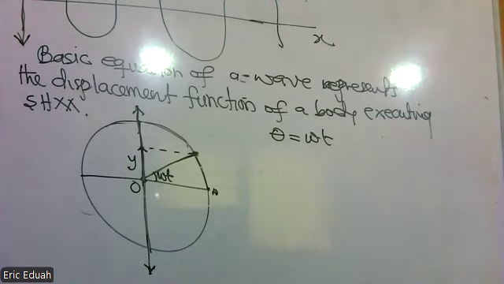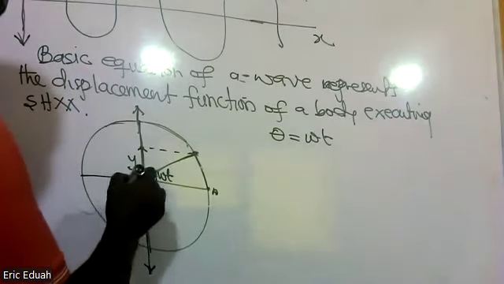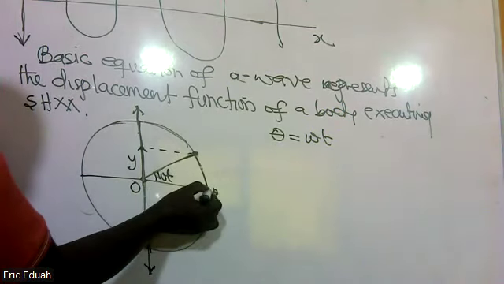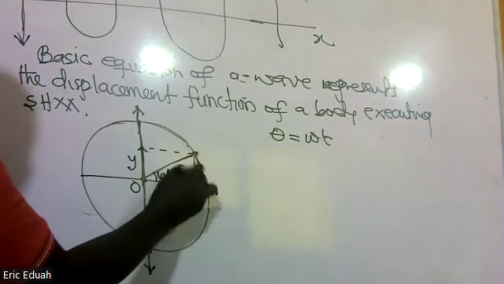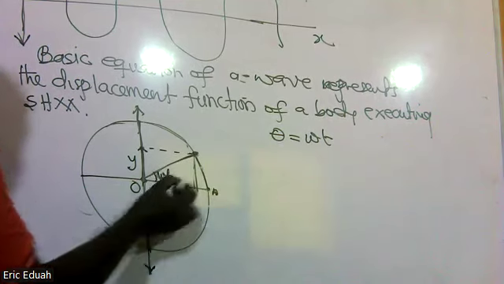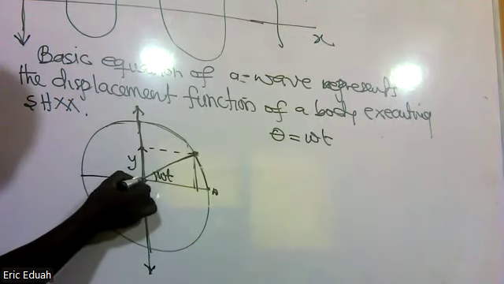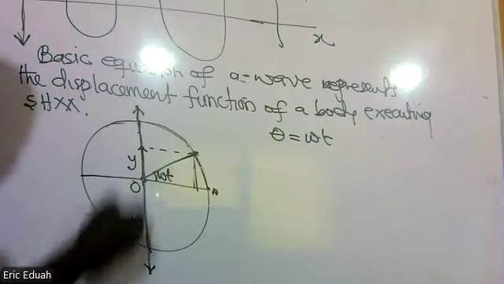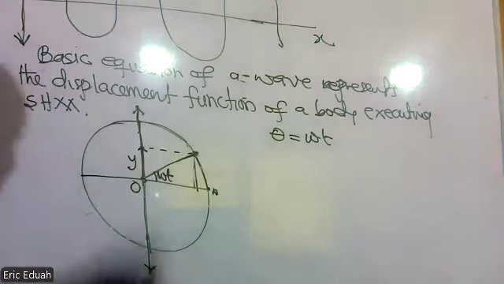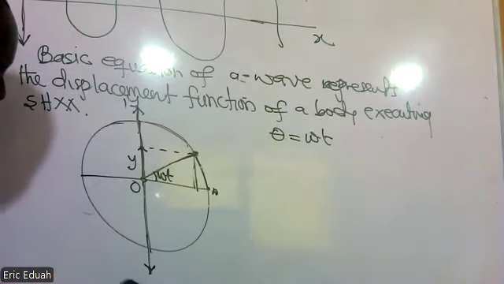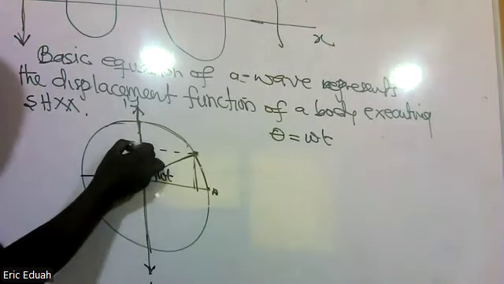Okay. Now, because when the body is here, we want to determine the vertical displacement. The vertical displacement above the center O. Okay, so the body is here, but when we look at its oscillation along y, this is positive y, minus y. When it's here, we can trace it here.